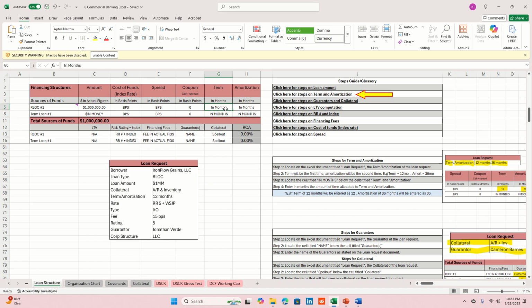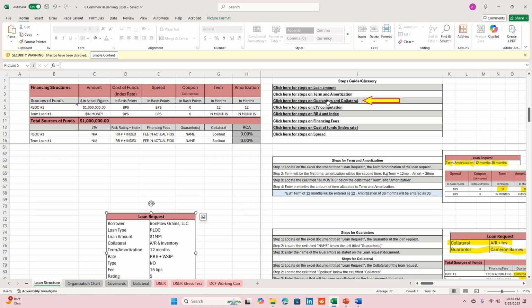Remember, this is a revolving line of credit, guys, and that means that our term and our amortization are going to line up. They're going to be equal because this is fully amortizing. You can only fully amortize revolving lines of credit. You can't have an amortization longer than the term on a revolving line of credit.